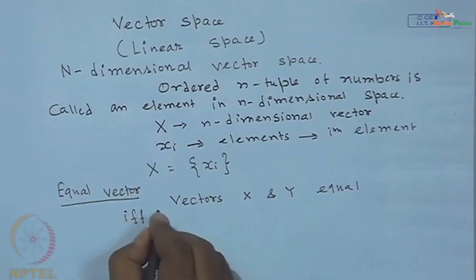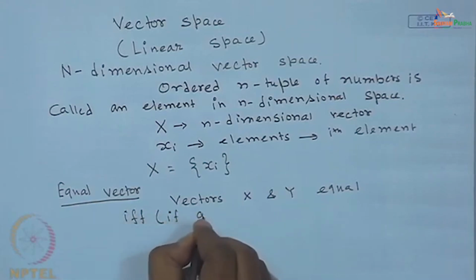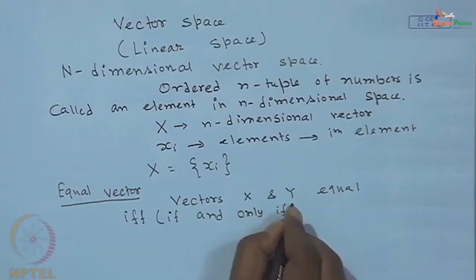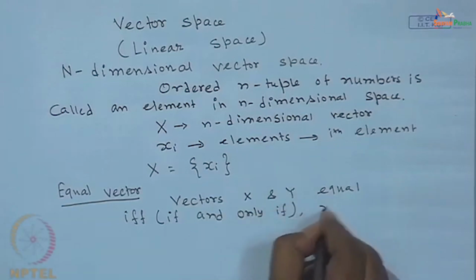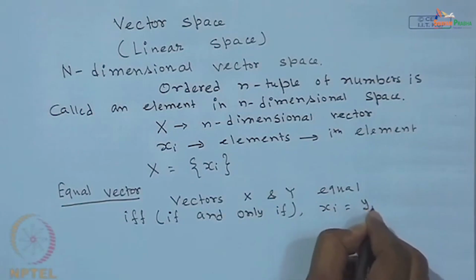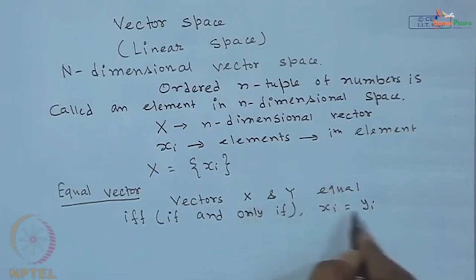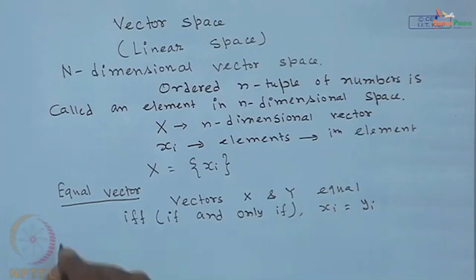The notation IFF means if and only if xi is equal to yi. That means the ith element of the vector x and the ith element of the vector y are identical and equal.